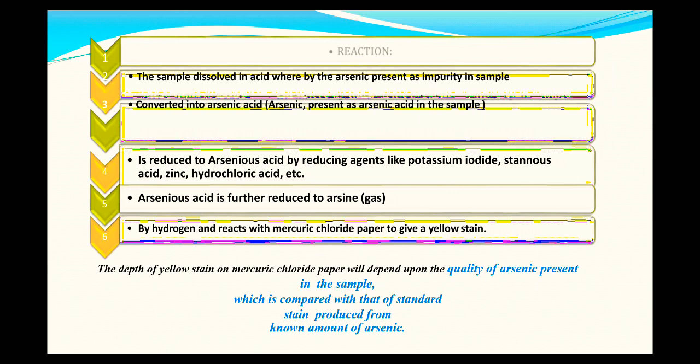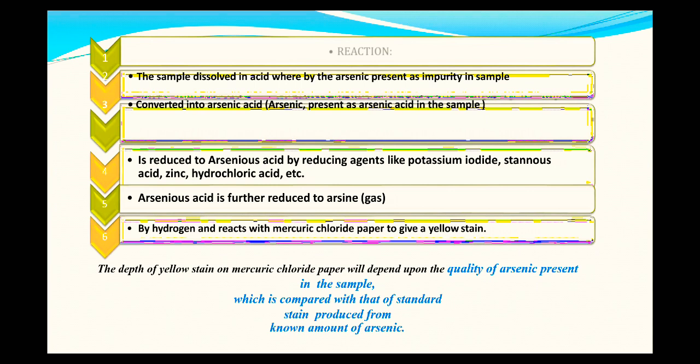Let's see another slide. The sample is dissolved in acid, whereby the arsenic present as impurity in the sample is converted into arsenic acid. Arsenic present as arsenic acid in the sample is reduced to arsenious acid by reducing agents like potassium iodide, stannous acid, zinc, hydrochloric acid, etc. Arsenious acid is further reduced to arsine gas, which is very dangerous, by hydrogen and reacts with mercuric chloride paper to give a yellow stain.